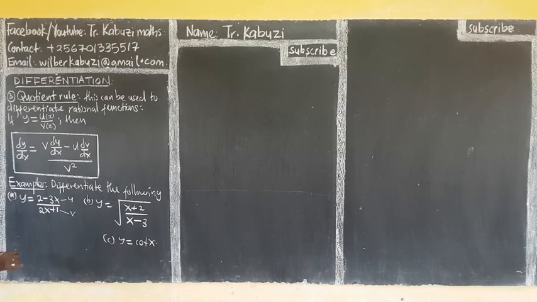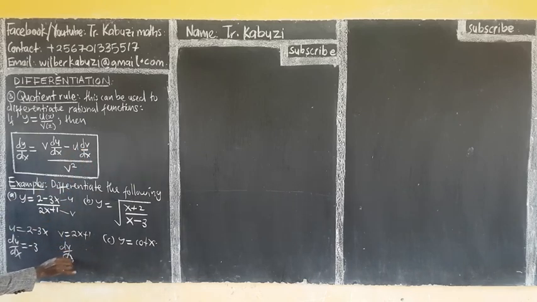So from there, my u is 2 minus 3x, and du/dx will be negative 3. My v is 2x plus 1, the denominator, and dv/dx will give me a 2.